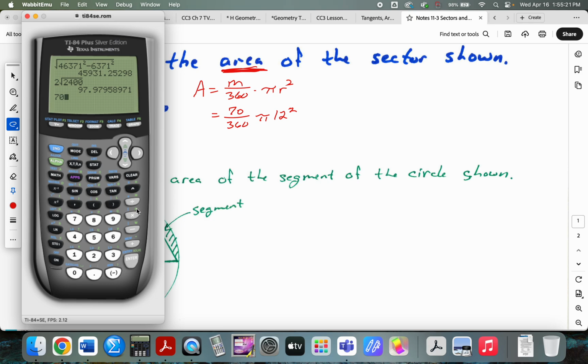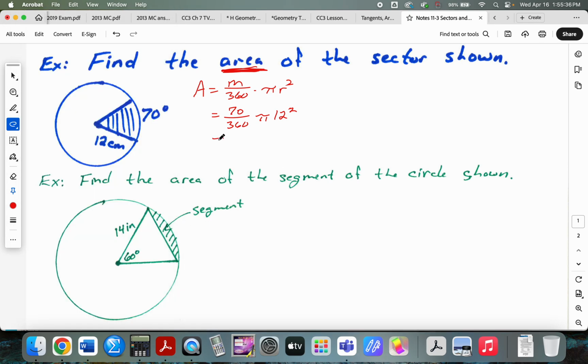So 70 divided by 360 times 12 squared. And if it comes out to be something nice like this one is, great. It's just 28 pi. And the units were centimeters, so that's square centimeters.